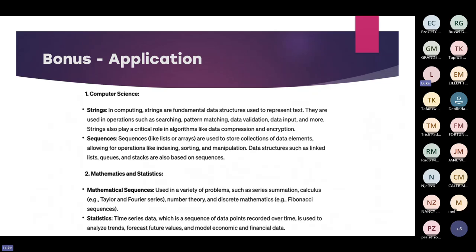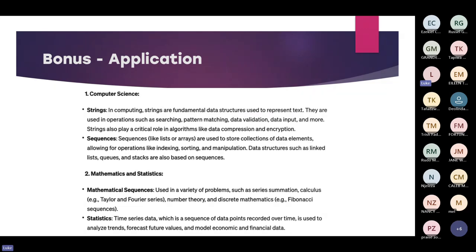Strings also play a critical role in algorithms like data compression and encryption. Sequences likewise, like lists or arrays, are used to store collections of data elements, allowing for operations like indexing, sorting, and manipulation. Data structures such as linked lists, queues, and stacks are also based on sequences.